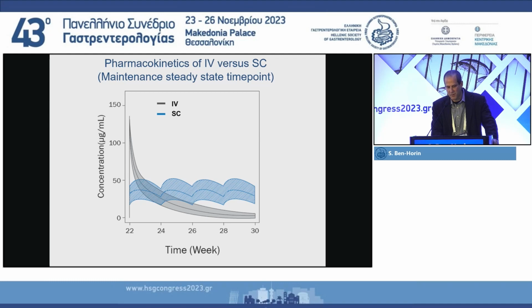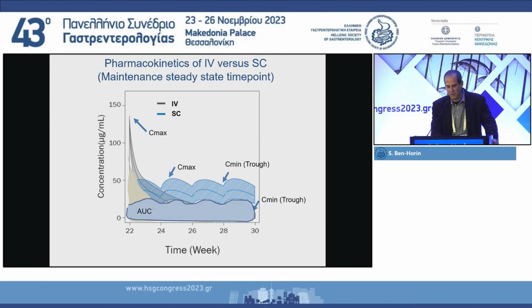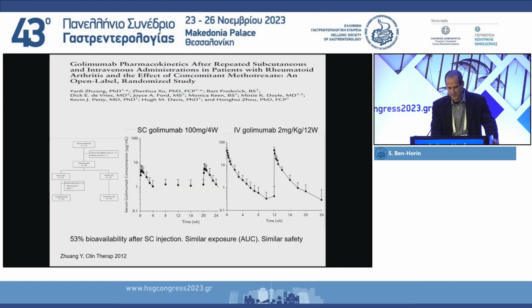And I showed this in the morning. The pharmacokinetic profile of such administration differs in that with an IV we have a peak level, the Cmax, and then it goes down until the C-trough, whereas the concepts of Cmax and C-trough are much less pronounced, if at all relevant, when you administer a sub-Q, especially at steady state.